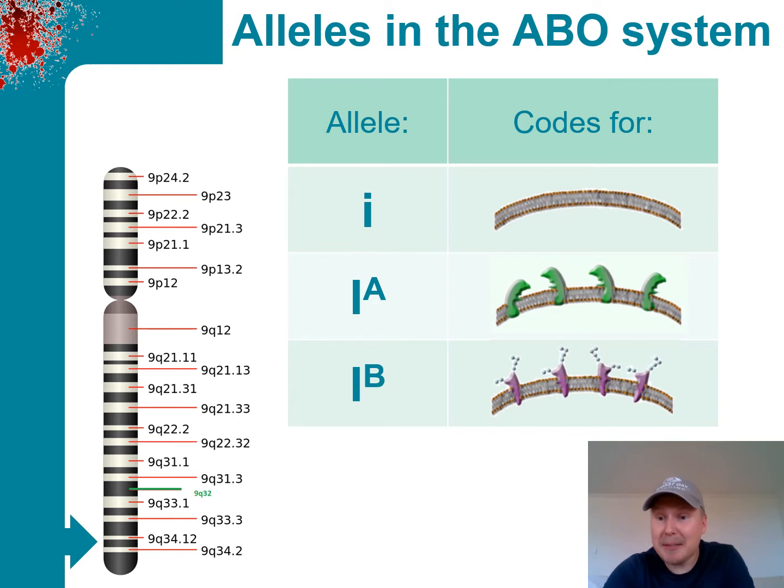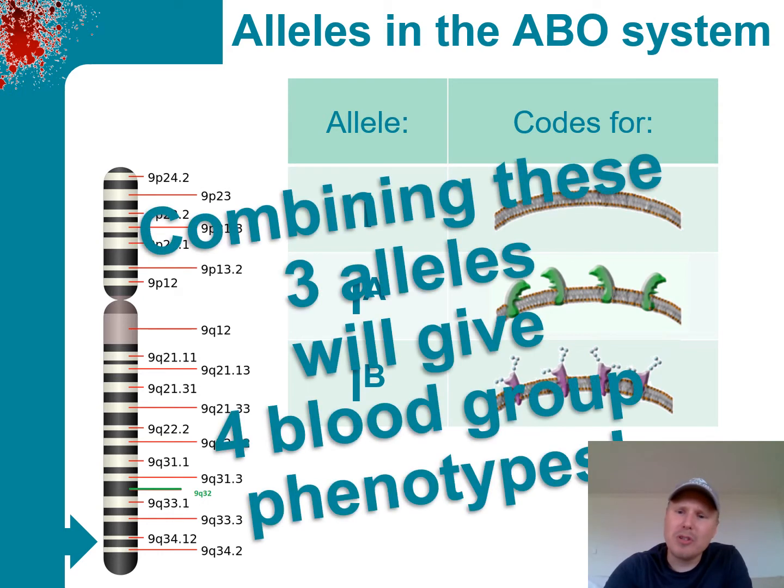We are using capital I with a superscript A for antigen A. So that is the plain donut with A sprinkles. Finally, we have the third allele, which is B antigen. Just by having these three alleles, you can actually make all 4 blood group phenotypes.